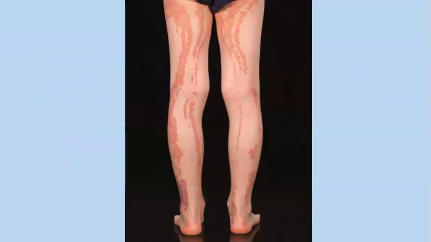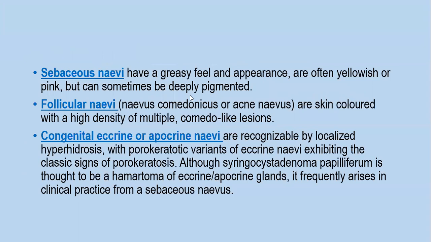This is a typical appearance of a verrucous epidermal nevus, which you can see in a classical Blaschkoid distribution. Sebaceous nevus has a greasy feel and appearance, and is yellowish or pink, but sometimes can be deeply pigmented. Then the follicular nevi, like nevus comedonicus or acne nevus, are skin-colored with a high density of multiple comedo-like lesions.